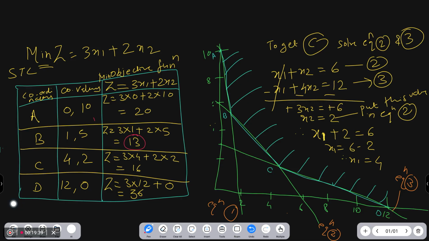So hence the obtained solution is optimal for x1 is equal to 1, x2 is equal to 5, and min z is equal to 30.